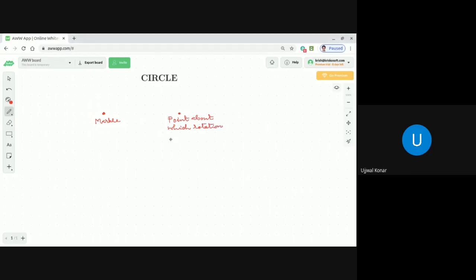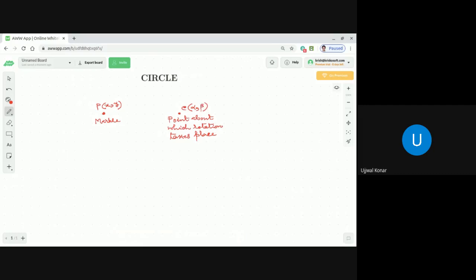Now let us define the position of the marble by the point P, and its coordinates we call x comma y. The point about which the rotation takes place, let's define as the point C with coordinates alpha comma beta.